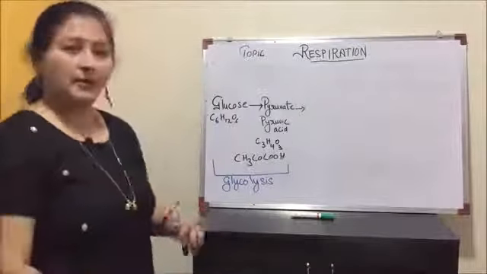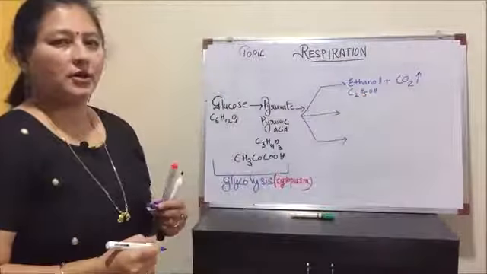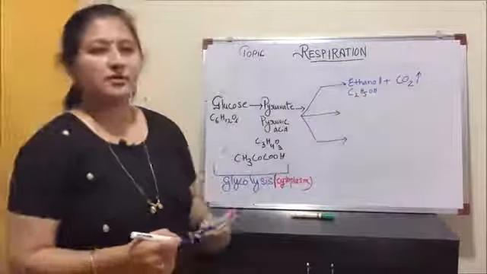That is C2H5OH. Ethanol is alcohol. This is the process which is taking place in activity 2, where the fermentation took place.